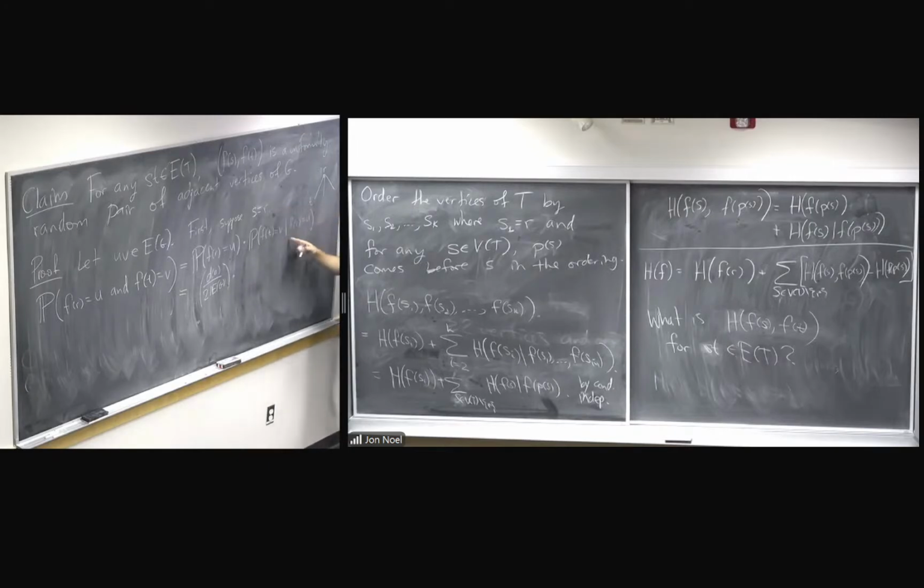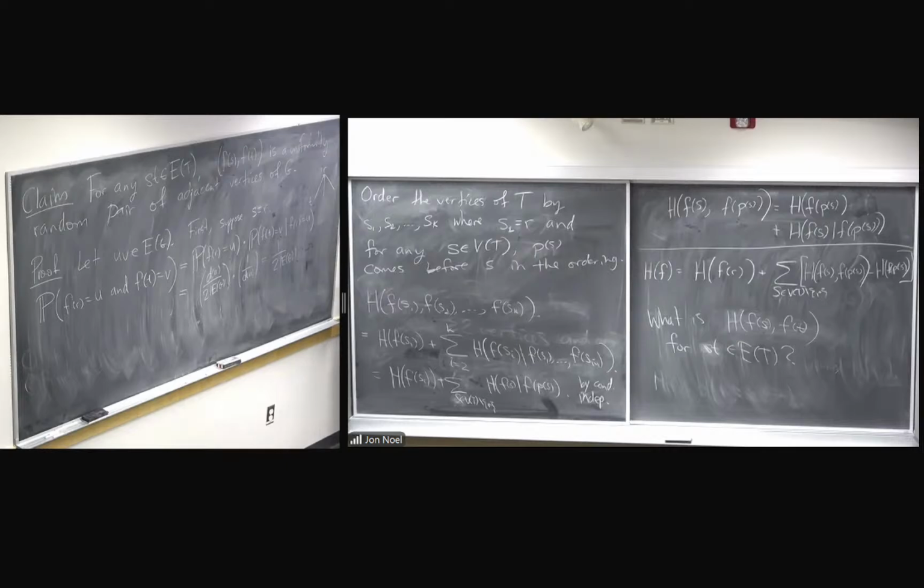Then, once you know where the root goes, you put its child on a random neighbor. Because v is a neighbor of u, each neighbor had probability 1 over d of u. And lo and behold, these cancel, and it just gives you 1 over 2 times the number of edges.